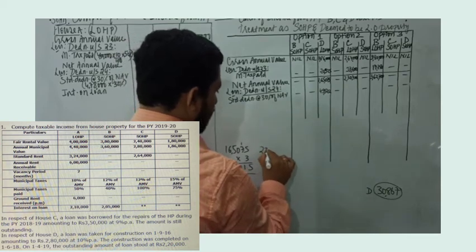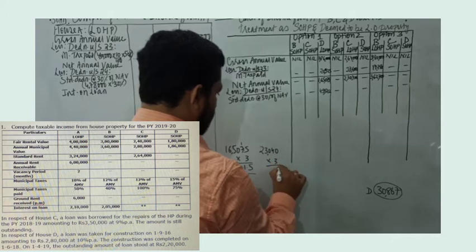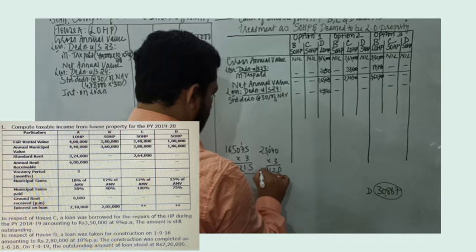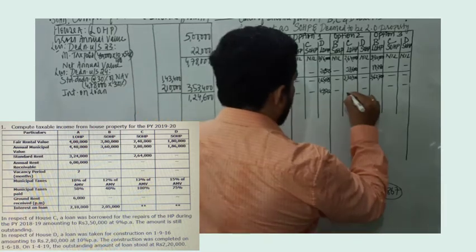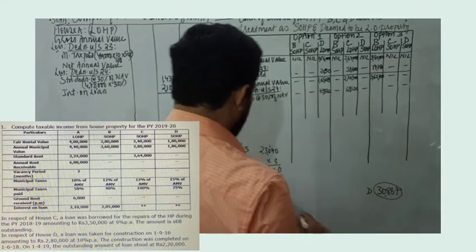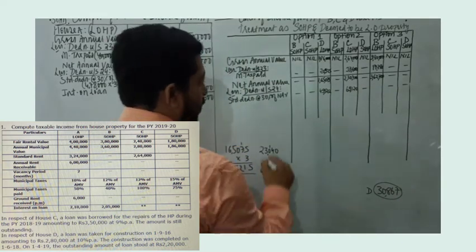It will be 23,040, which is 10% into 3 that I'll take. So that will be 69,120. 69,120 is the value. Then for the next house, it is 3,62,720 into 30%.